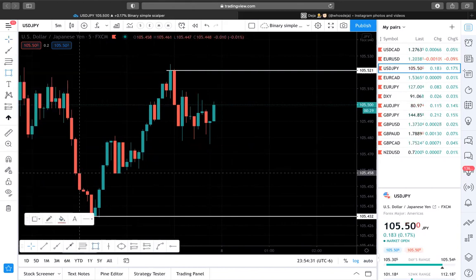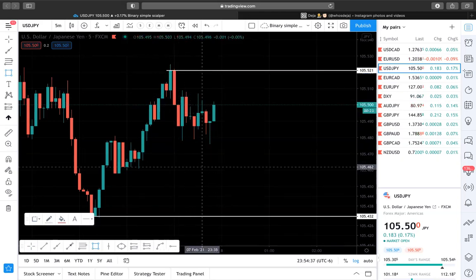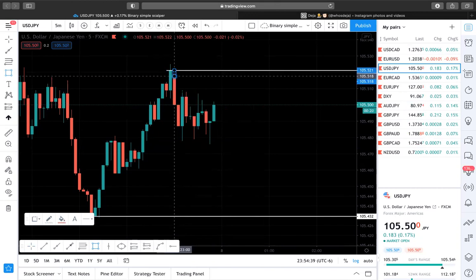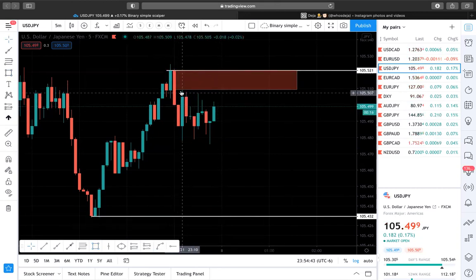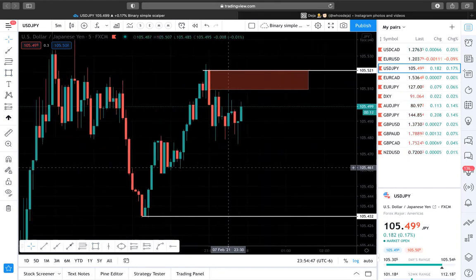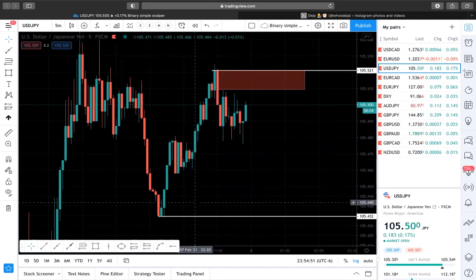When you have long bodies or long candles, the wicks that happen afterwards are very important. Notice how here, we've got this much space that's got no wick coming back to retest. Now, why does the market go up and down? Because we have buyers and we have sellers, right?